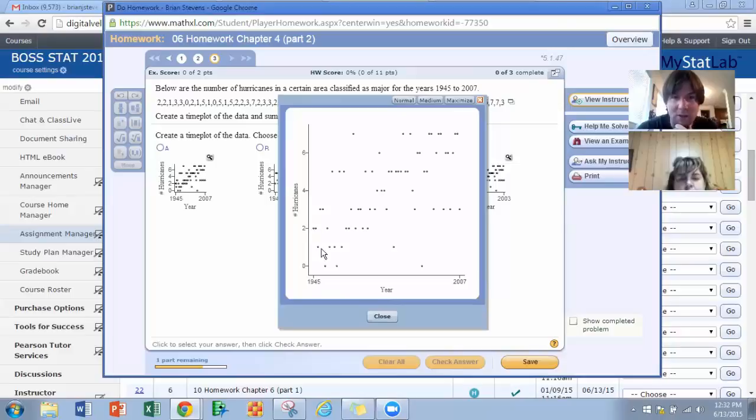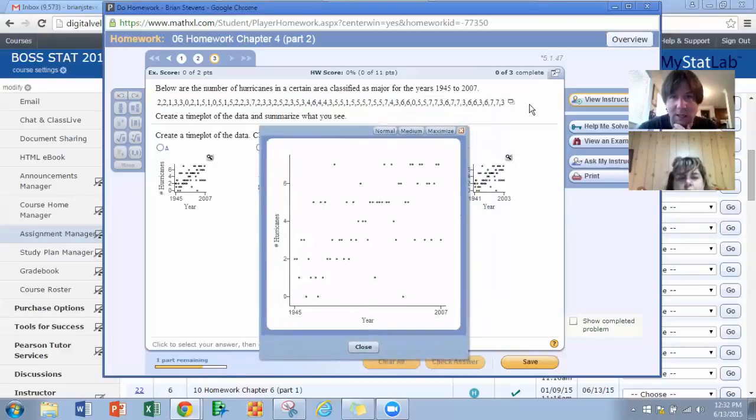Then the next ones are 0, 2, 1, and you can check that. You can go to the end of the data and check 3, 7, 7, 6. There's kind of an upward trend of this data. It might slope or something, but we get into that in chapter 6. But that's the best way to check that question.